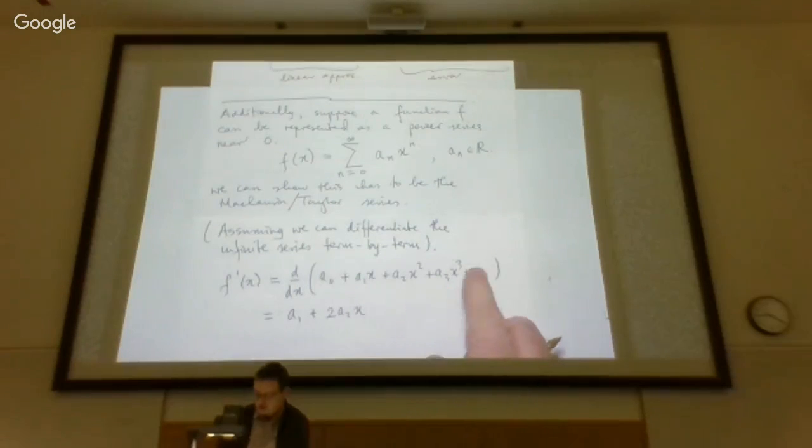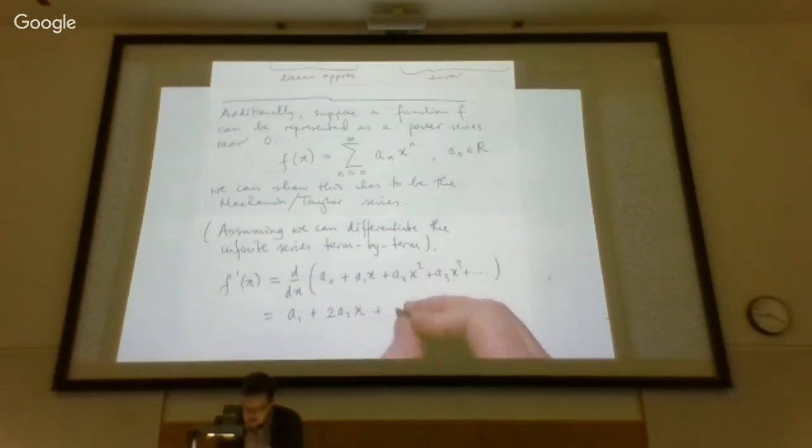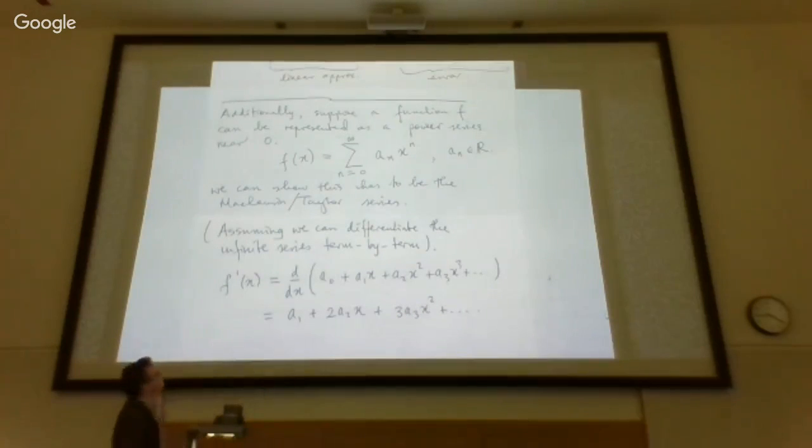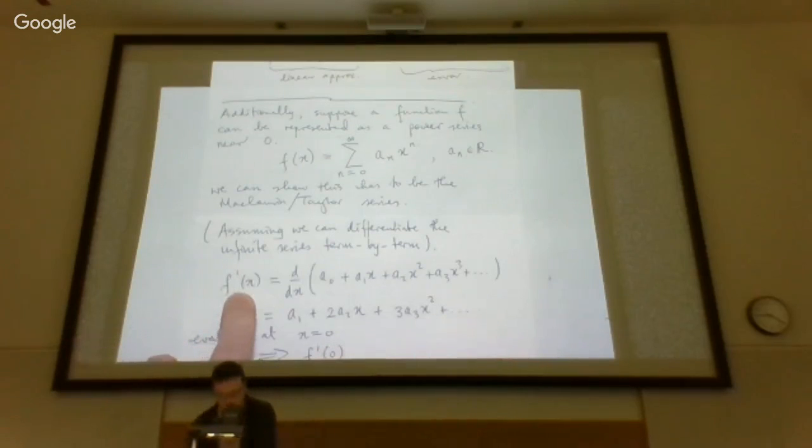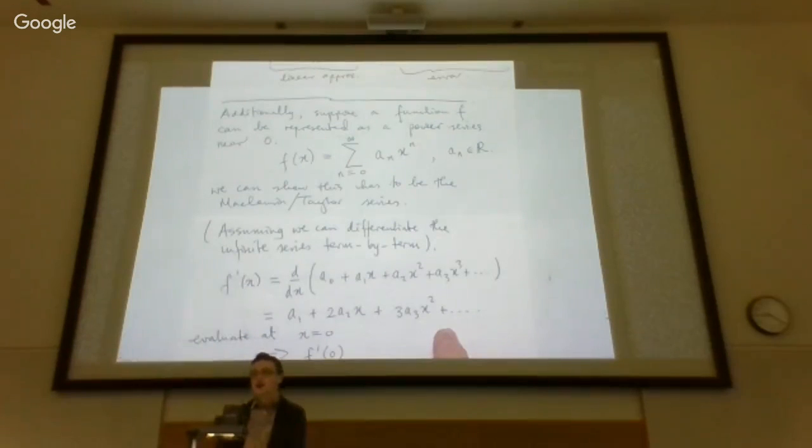The derivative of a3 x cubed is 3a3 x squared, and so on. And evaluating at 0 implies that f prime of 0 on the left-hand side equals, when we evaluate the right-hand side at 0, well, every term has an x in it apart from the first.